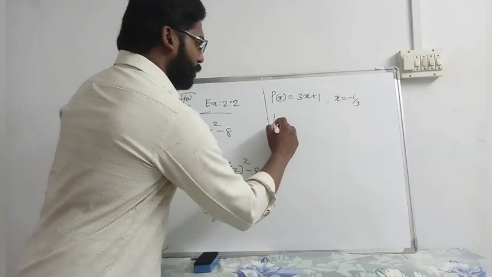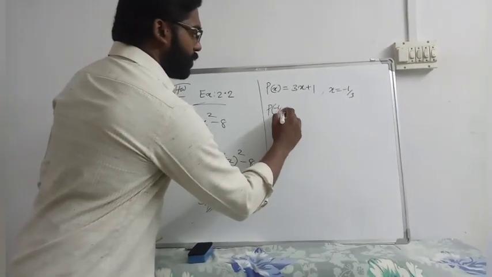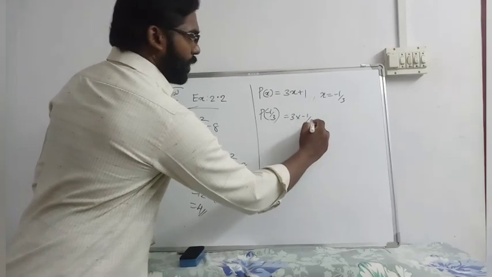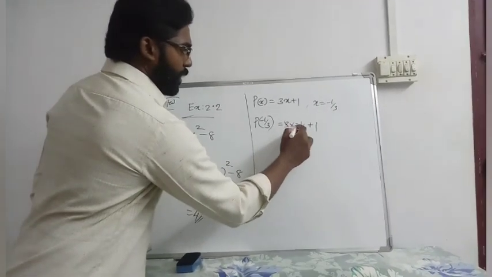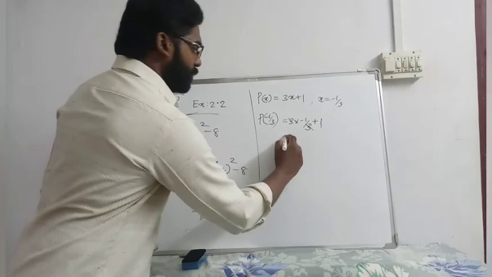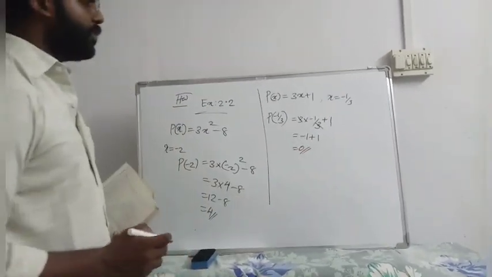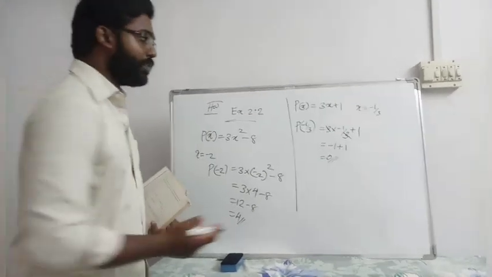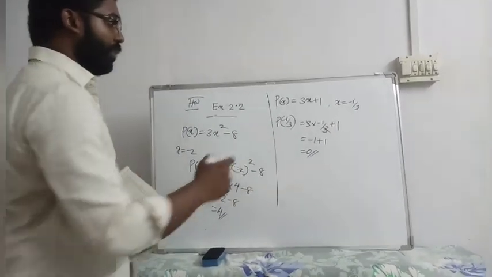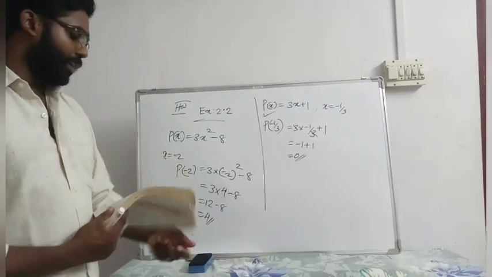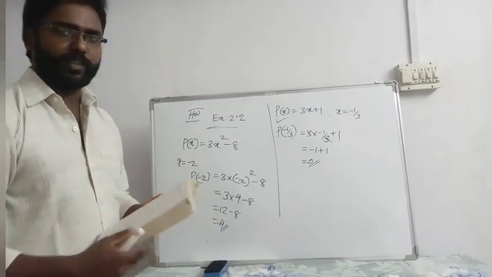We check p of minus 1 by 3: 3 into minus 1 by 3 plus 1. 3 and 3 cancel. Minus 1 plus 1 equal to 0. So we verified that minus 1 by 3 is a zero of this polynomial. The first one is correct. And there are 4 or 5 questions.